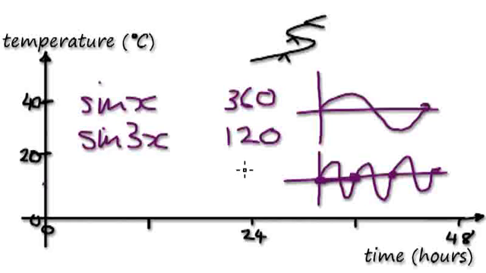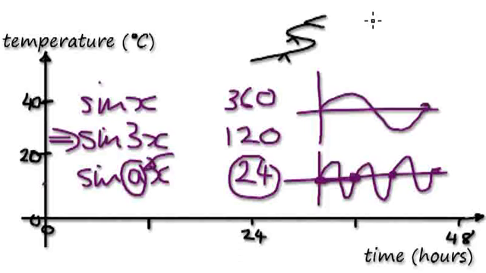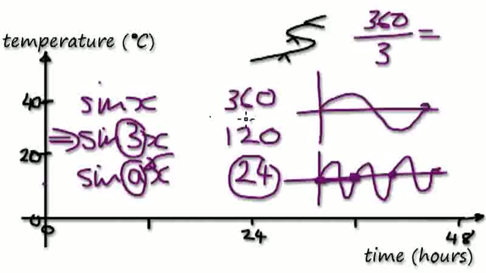But here's the thing: we want somehow to get to 24. So we want sine of something. Let's call it a. Sine of a. Somehow we have to find out a that would give us 24. Now, when you look at the case where it's 3, you would get 360 divided by this number here to give you the 120 here.